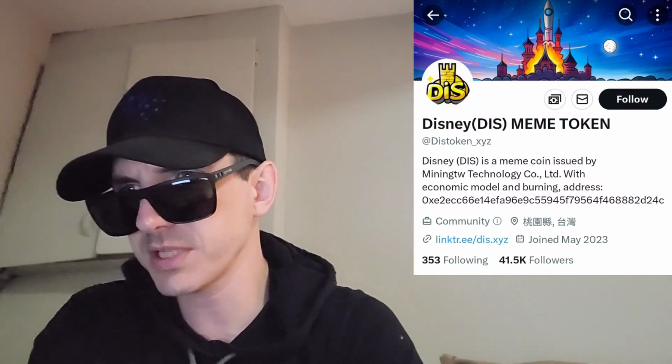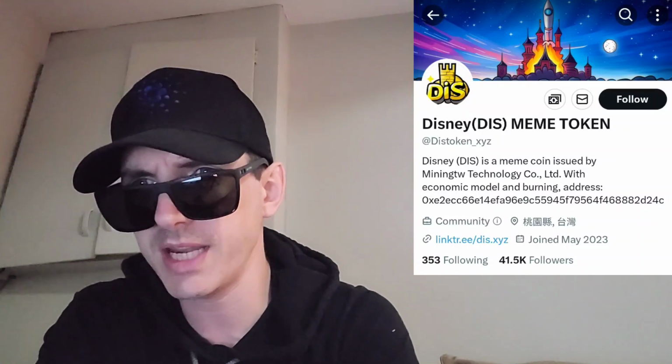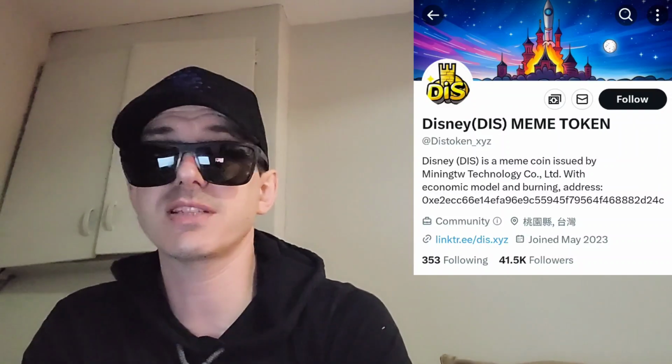So it says Diz was launched by Mining TW Technology Company, a corporation team located in Hong Kong. It is a meme token issued by the relevant communities of blockchain, cryptocurrency, and mining. So this token is from Hong Kong, so you'll have to translate some pages, and the grammar might be slightly off after you translate it, but you'll get the idea anyways.